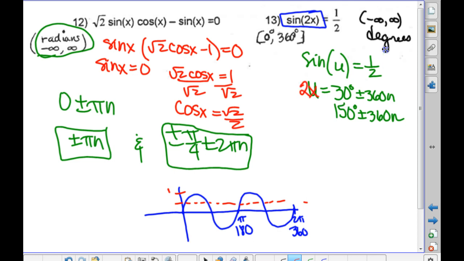So now we're done with this thinking this way. We want all the answers between 0 and 360. First of all, let's divide everything by 2. So x is 30 divided by 2, anybody? 15, and plus or minus 360n divided by 2? And this one, 2x equals 150.